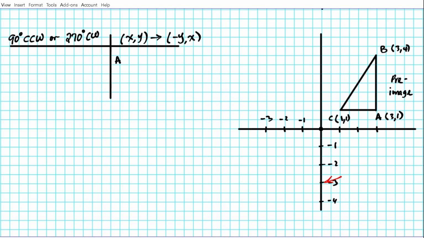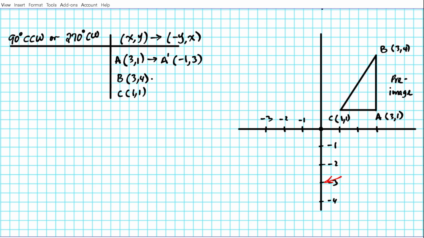All right, so let's apply it to the triangle. A is 3, 1. B is 3, 4. And then C is 1, 1. Okay, so A gets mapped to A prime, which is negative 1, 3. And then B gets mapped to, oh snaps, fix that.